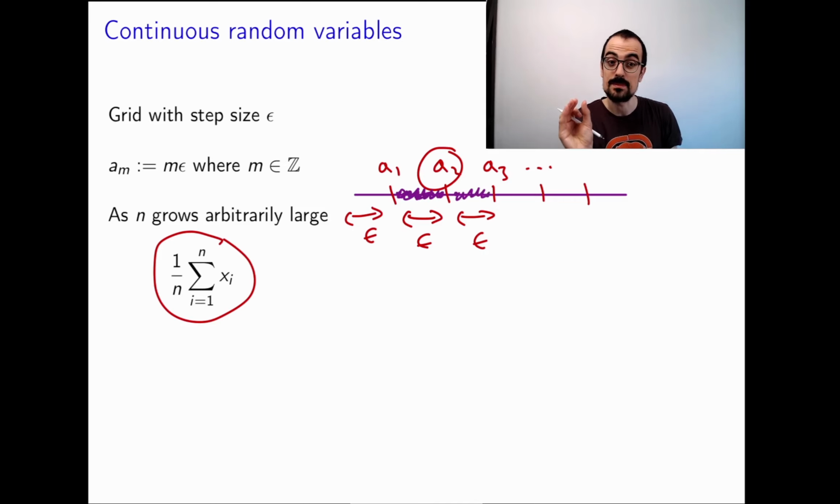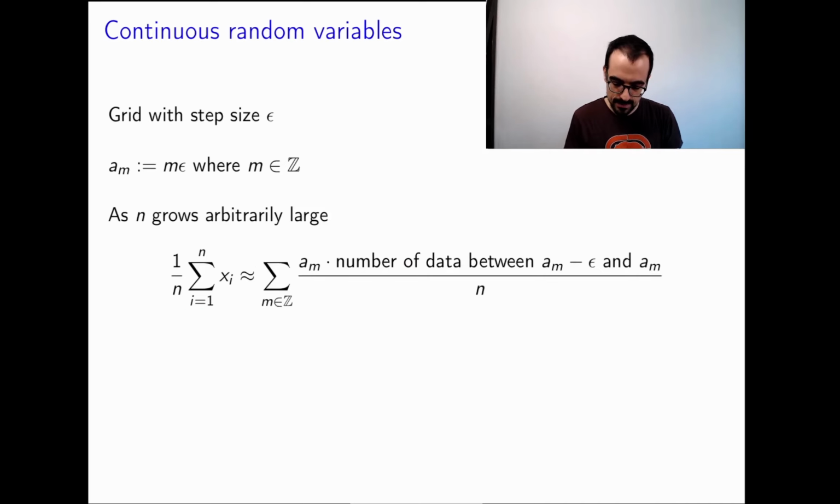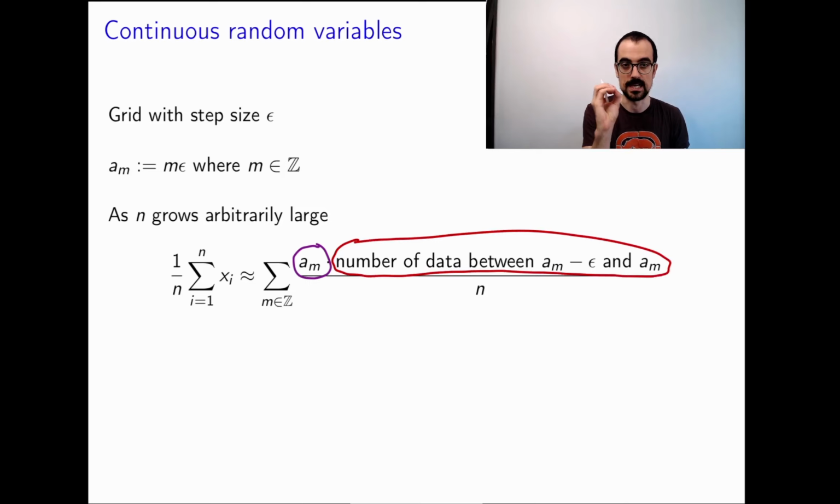Then when I collapse epsilon towards A2 or A3, that's going to be very close to the average. So how many times do I map some values to AM? Well, it's the number of data that end up between AM minus epsilon and that value. And now I'm dividing by n.